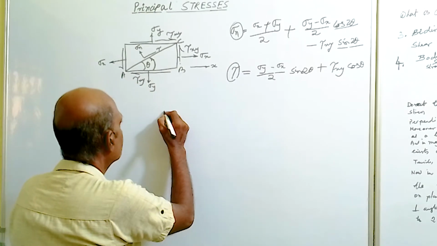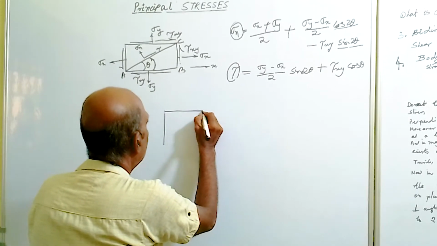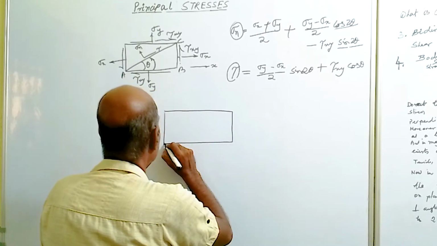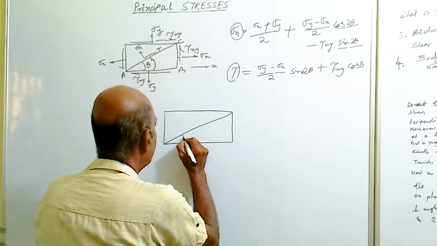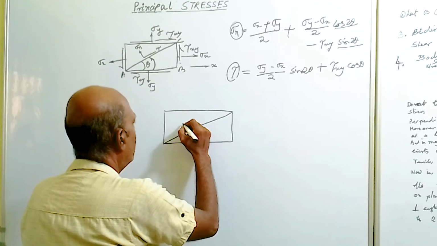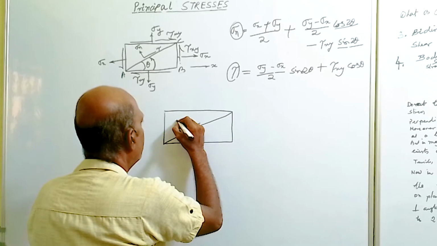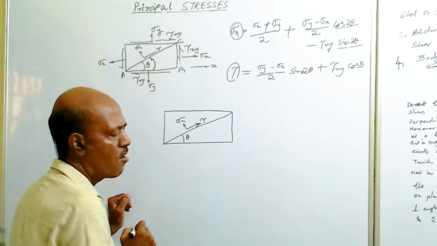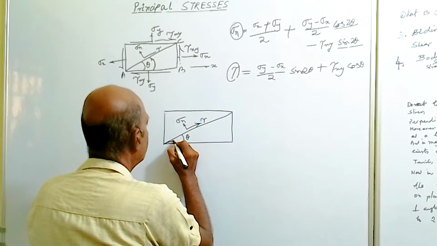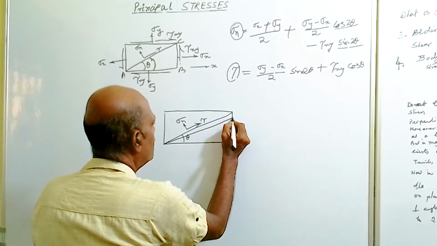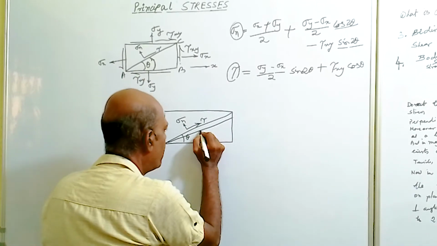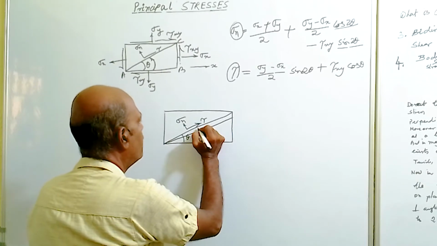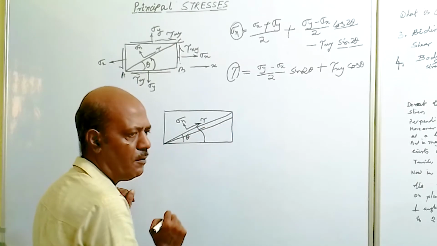Say this is the body. We have considered an inclined plane at an angle theta, where we have seen that sigma n and tau are developed. Now if we consider another plane whose angle made with the x-axis is different, the sigma n and tau values will be different.